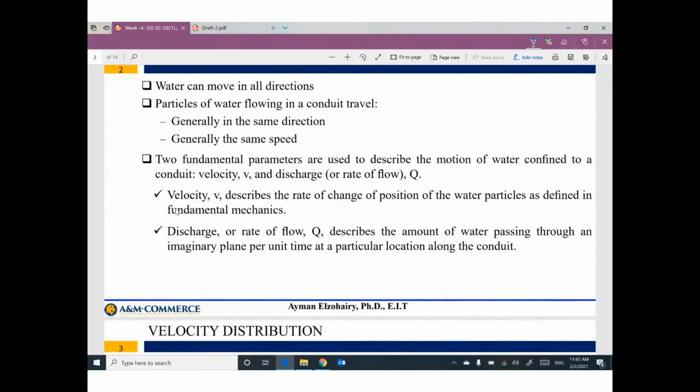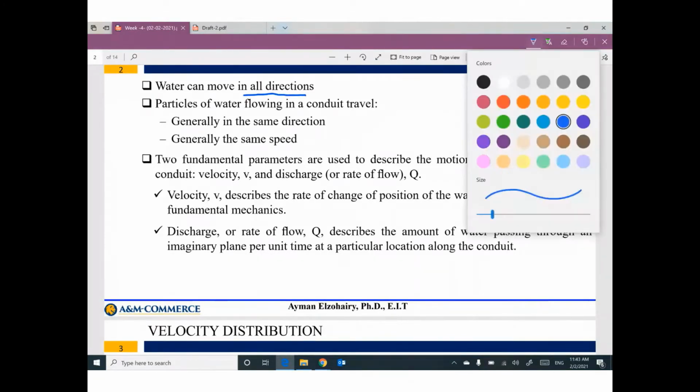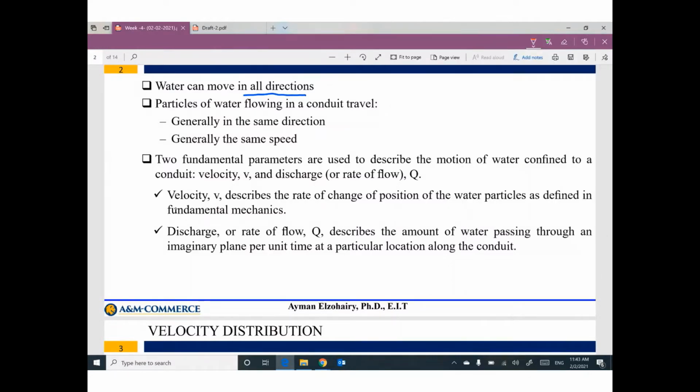Water can move in any direction. Particles of water flowing in a conduit travel generally in the same direction. That makes sense.